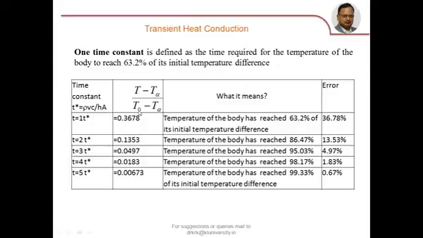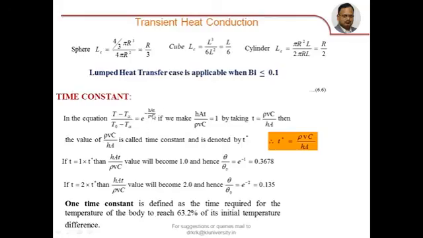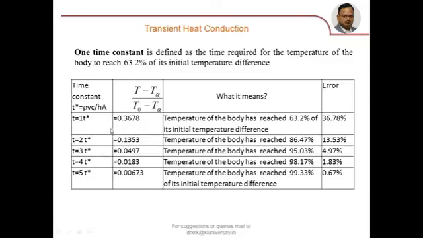And T minus T alpha by T naught minus T alpha equal to e power minus HA by rho VC into T. Now if you put T equal to 1 T star, then T minus T alpha by T naught minus T alpha will become e power minus 1. Am I clear?